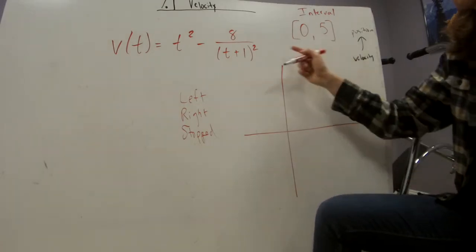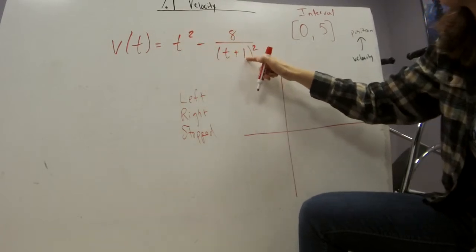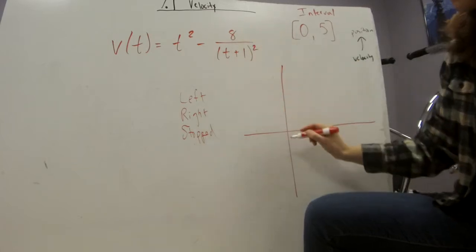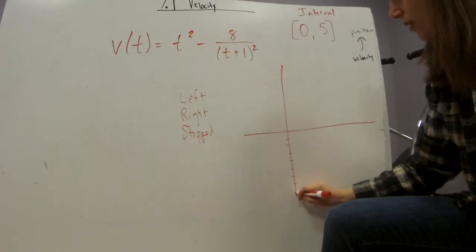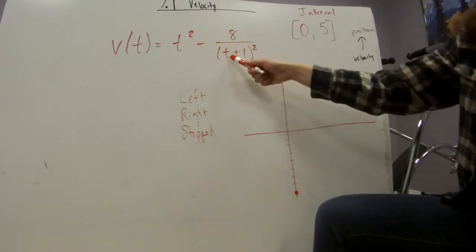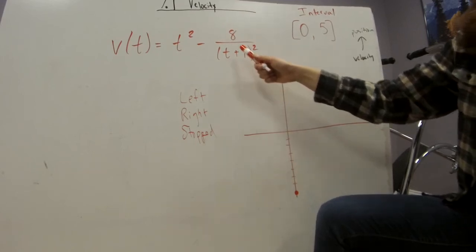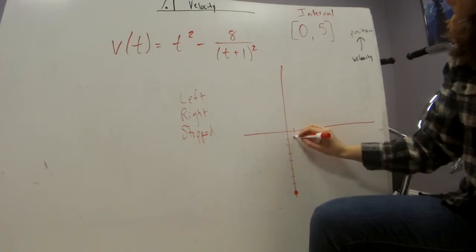So if I graph this really quick, if I plug in 0, that's 0 minus 0 plus 1 is 1, squared is 1, negative 8. So 0, negative 8 is where this thing starts. If I plug in 1, that'd be 1 minus, and then 1 plus 1 is 2, 2 squared is 4, 8 divided by 4 is 2. So I'd have 1 minus 2, which is negative 1.